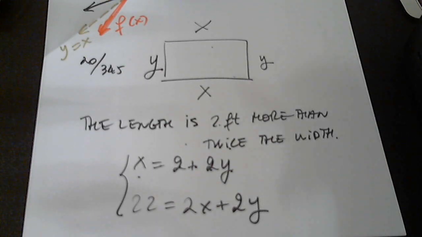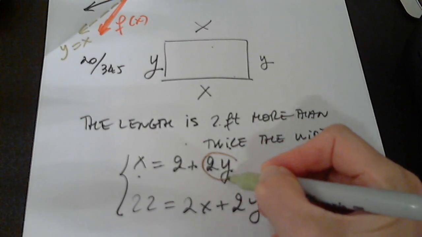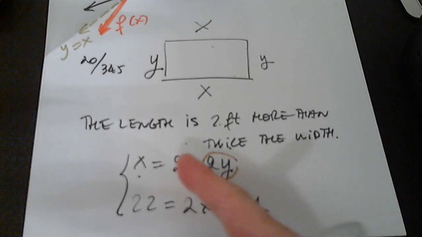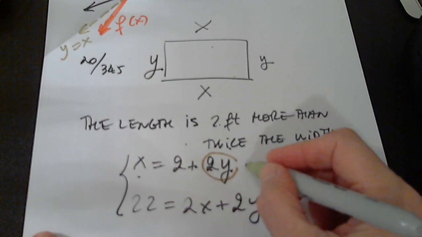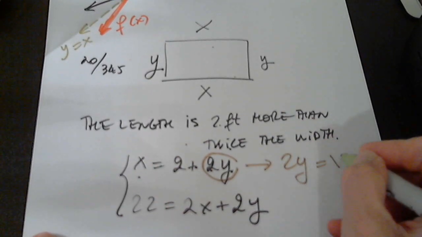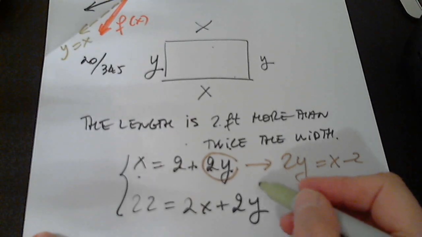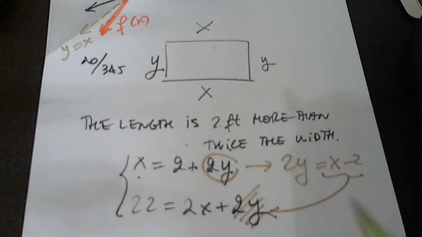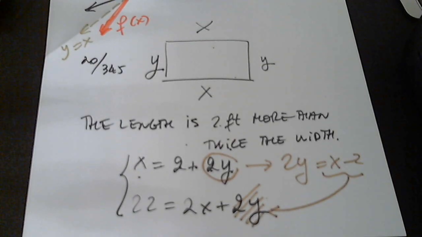Well, here's what I would recommend. I will take 2y because I see 2y here. I will solve for 2y by simply moving 2. 2y equals x minus 2. And now I will replace it here by x minus 2, because 2y and x minus 2 mean the same thing. They're equal.